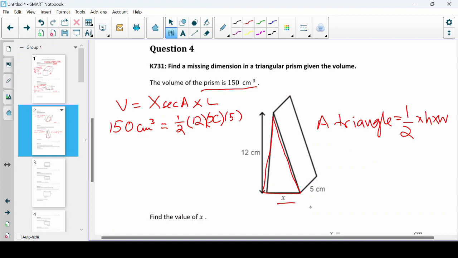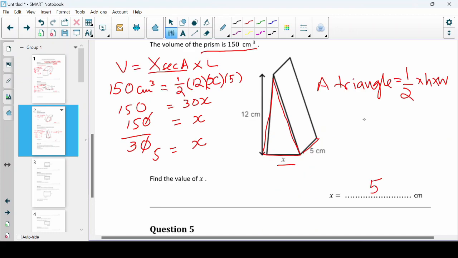The length is 5. If we simplify this, it becomes 30x is equal to 150, and x is equal to 150 divided by 30.